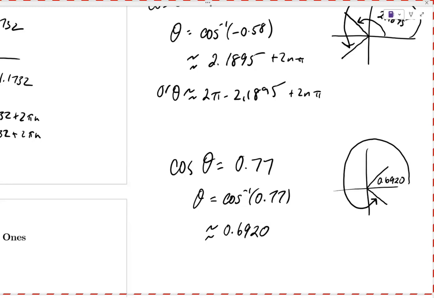But some of the problems will ask you to find all of the solutions from 0 to 2 pi, which is why I'm doing it this way. The easy way, of course, would be to do the negative, right? Because this angle and this angle should have the same size. Okay. But if I'm looking specifically for an angle in 0 to 2 pi, how would I get the big one, that looped around one?